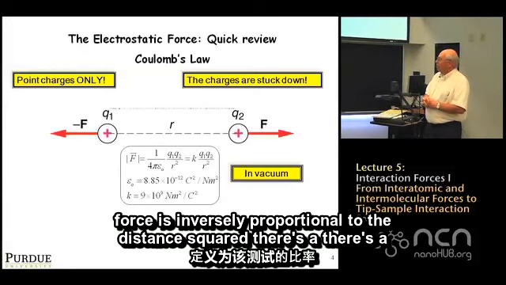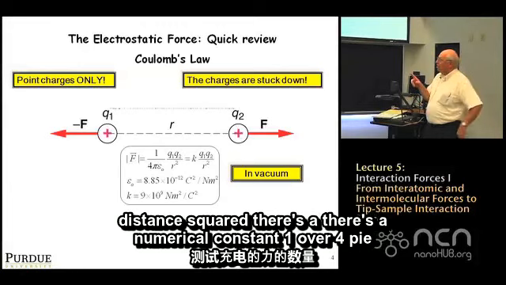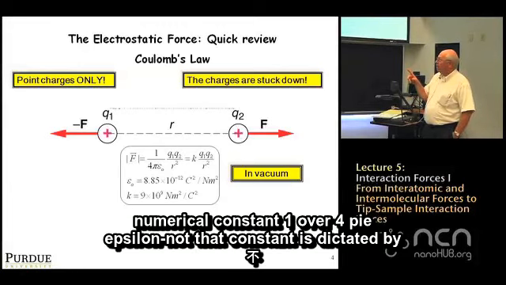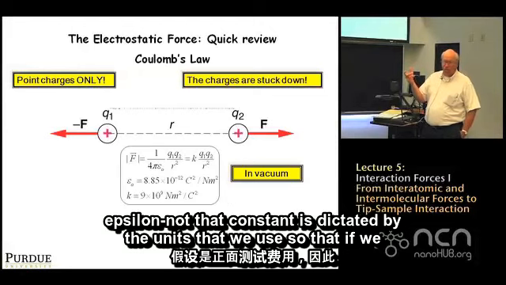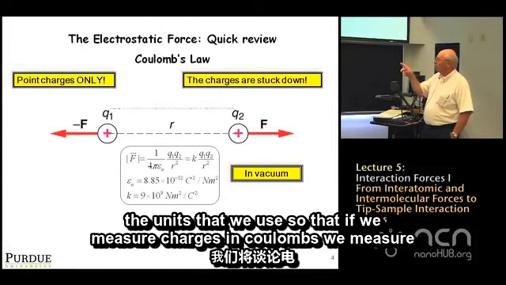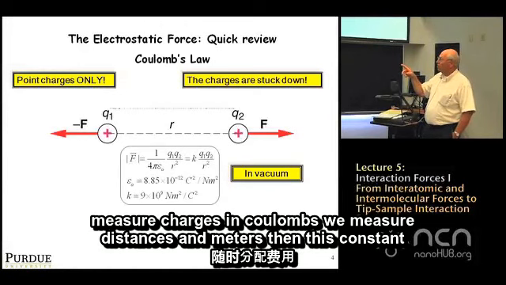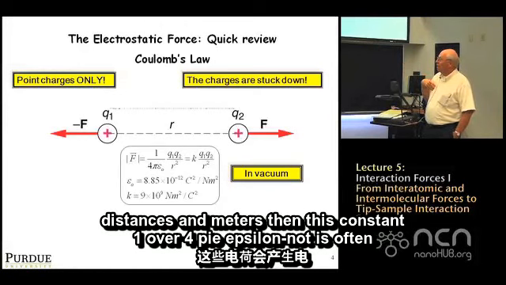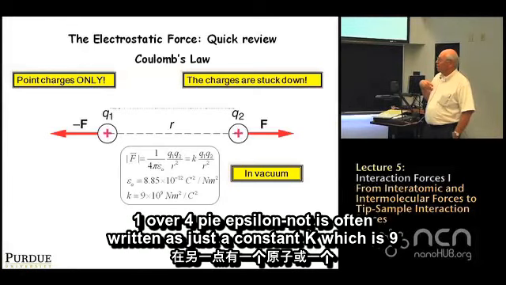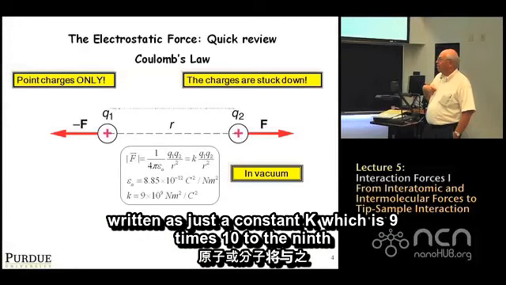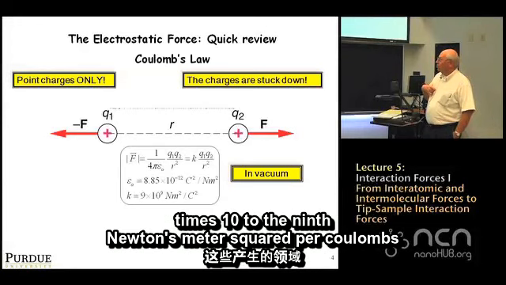There's a numerical constant, 1/(4 pi epsilon naught). That constant is dictated by the units that we use, so that if we measure charges in coulombs and distances in meters, then this constant 1/(4 pi epsilon naught) is often written as just a constant K, which is 9 times 10 to the 9th newton meters squared per coulomb squared.